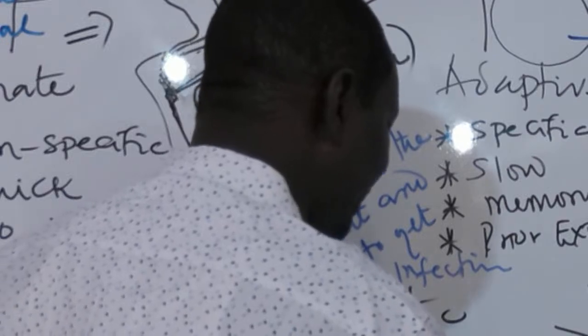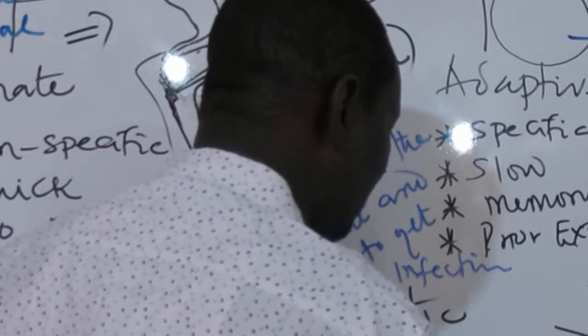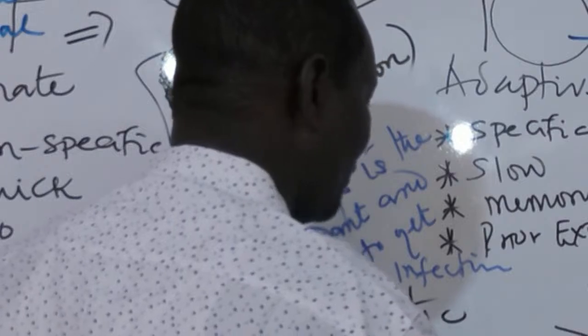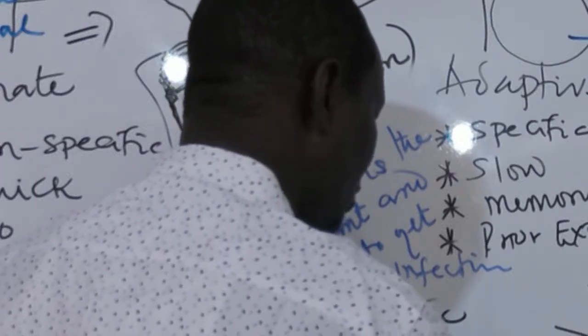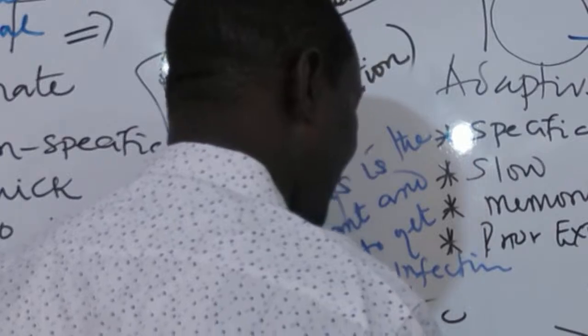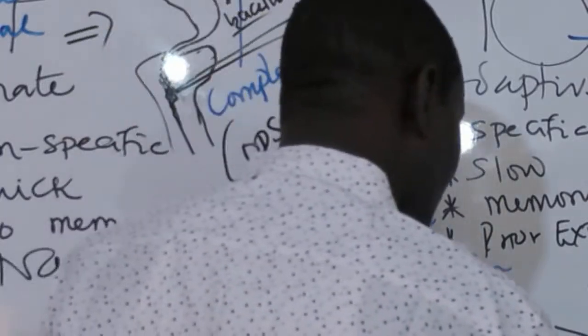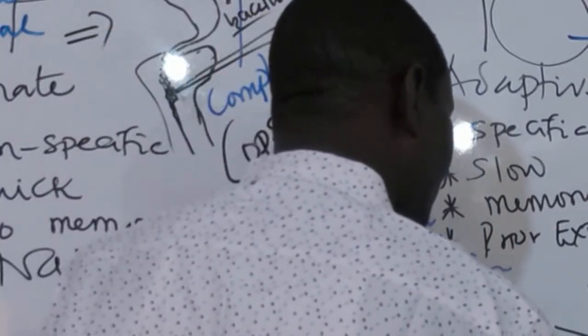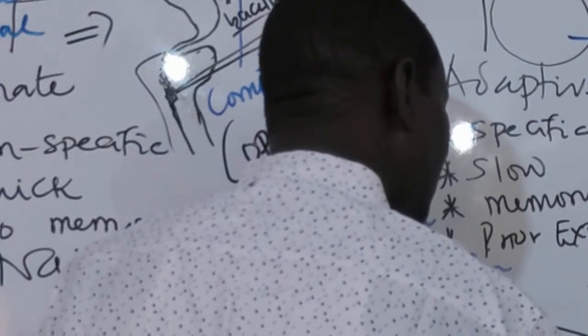The fate of this mycobacterium tuberculosis, they have three fates. The first one is that they will continue to be there, and that one will form latent TB.